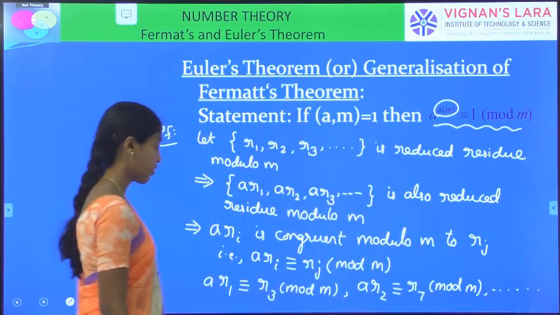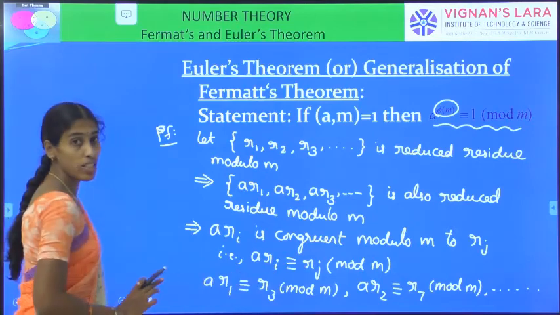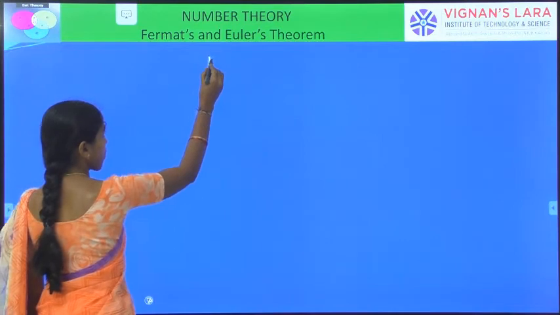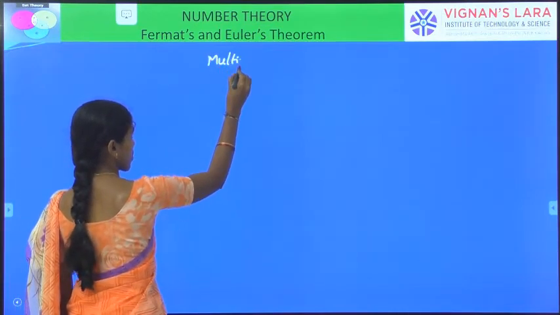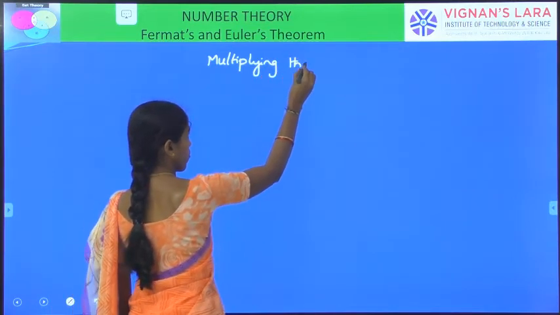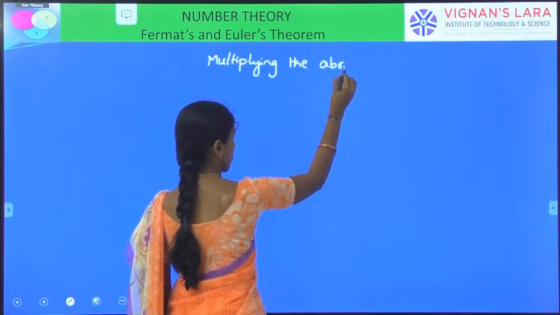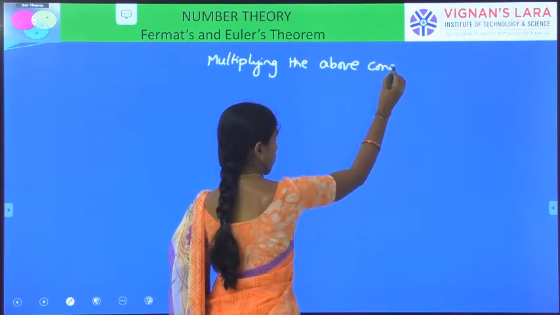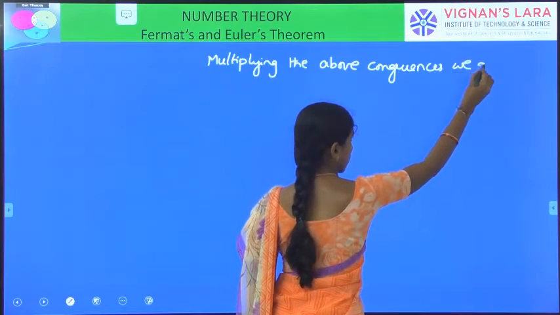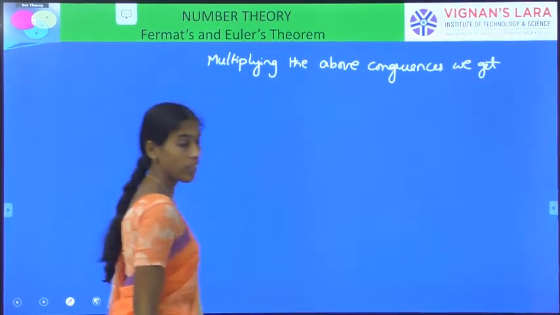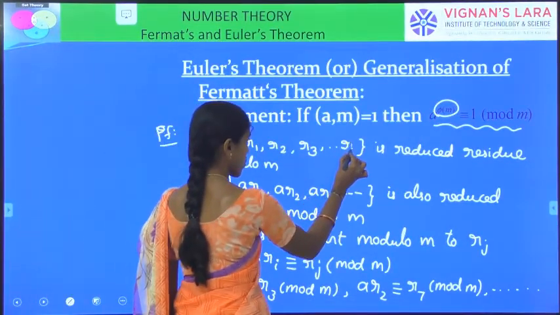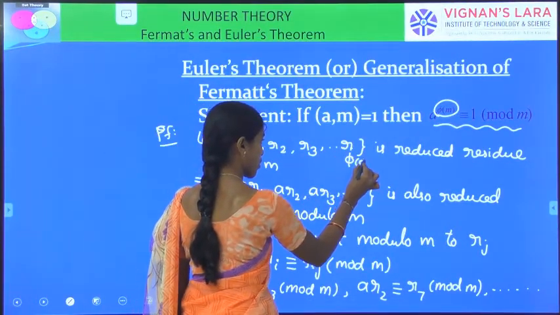And so on, right? Now multiplying all these congruences, we get, here we are considering the last number is aR suffix phi of m.